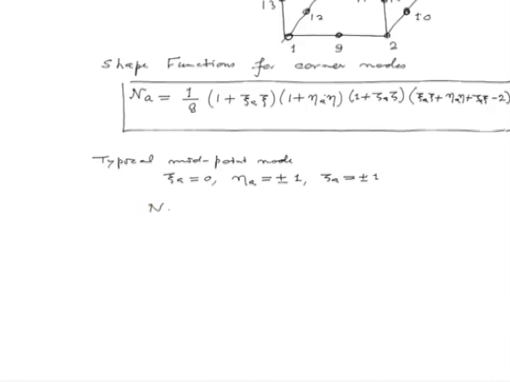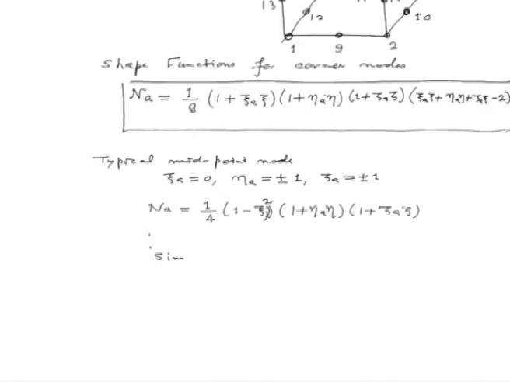Your N_a is expressed as 1 by 4 (1 minus xi squared) into (1 plus eta_a eta) into (1 plus zeta_a zeta) and so on.